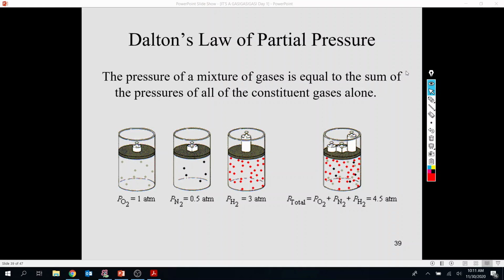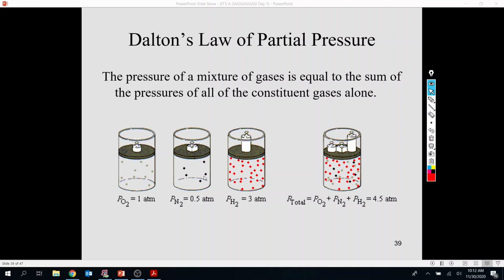He identified that if you have a mixture of gases, the pressure of that mixture is equal to the pressure of all the combined partial pressures, or all the combined parts. So the pressure of a mixture of gases is equal to the sum of the pressures of all the constituent gases, meaning the gases that make up the mixture.